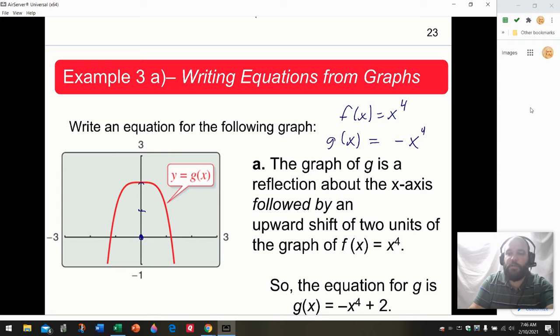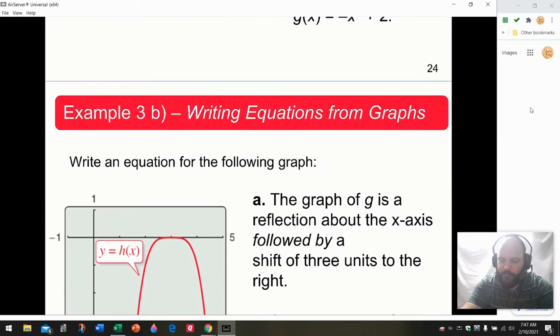So if it's up 2, that is going to be a plus 2. And so now you have the actual equation of this translated function: g of x equals negative x to the fourth plus 2.